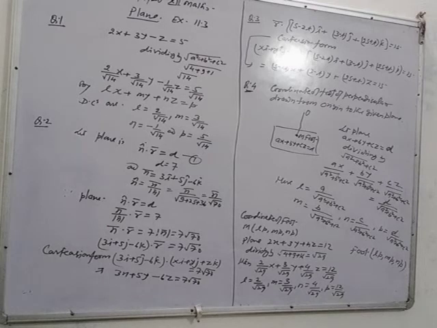Here l is the coefficient of x, m is the coefficient of y, and n is the coefficient of z after dividing. On the right side, d upon the root of a square plus b square plus c square is represented by p. This is the length of the normal. So remember, when you divide by the root of a square plus b square plus c square, the coefficients of x, y, z become the DCs of the normal, and the constant term on the right side is the length of the normal, represented by p.